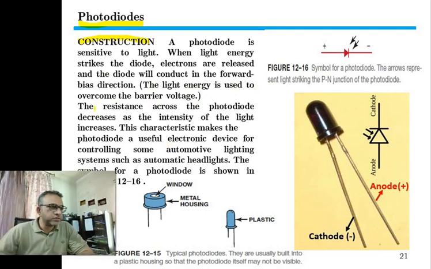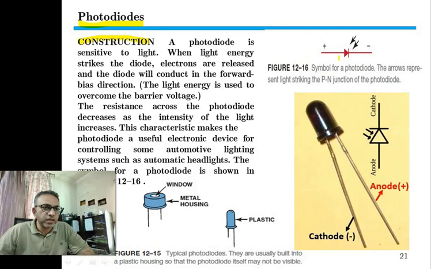The resistance across the photodiode decreases as the intensity of light increases. So as the light intensity increases, the resistance of the photodiode will decrease. This characteristic makes the photodiode a useful electronic device for controlling some automotive lighting systems such as automatic headlights. The symbol used for a photodiode is shown in figure 12.16.